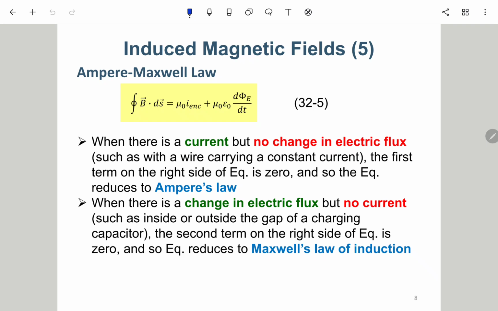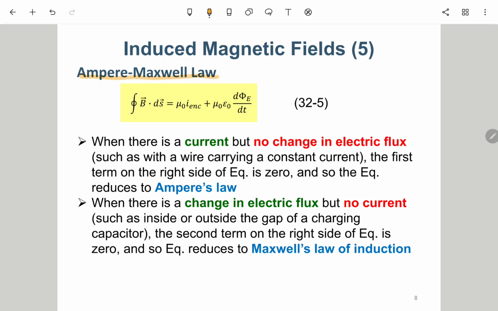So combining Ampere's law and Maxwell's law, we just call it the Ampere-Maxwell law. Although when I learned electromagnetism, I just learned the whole thing as Ampere's law until I read the textbook. Then I knew, oh, this is called the Ampere-Maxwell law. Otherwise, I just know this one as Ampere's law.